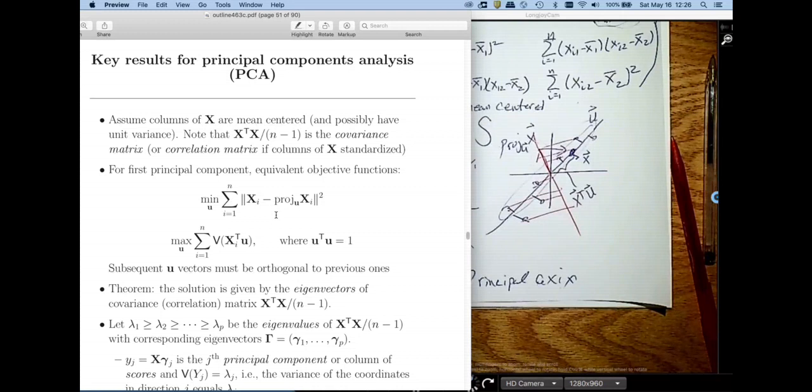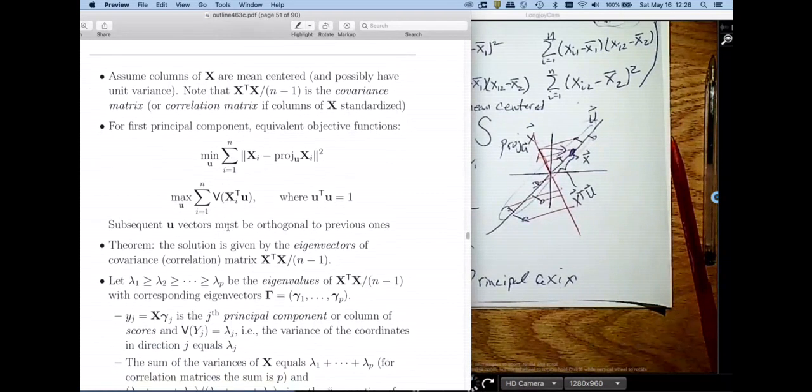Question, how do we estimate them? So I'm just going to state a theorem and maybe derive this in a later video. The solution to this is given by something called eigenvalues and eigenvectors.